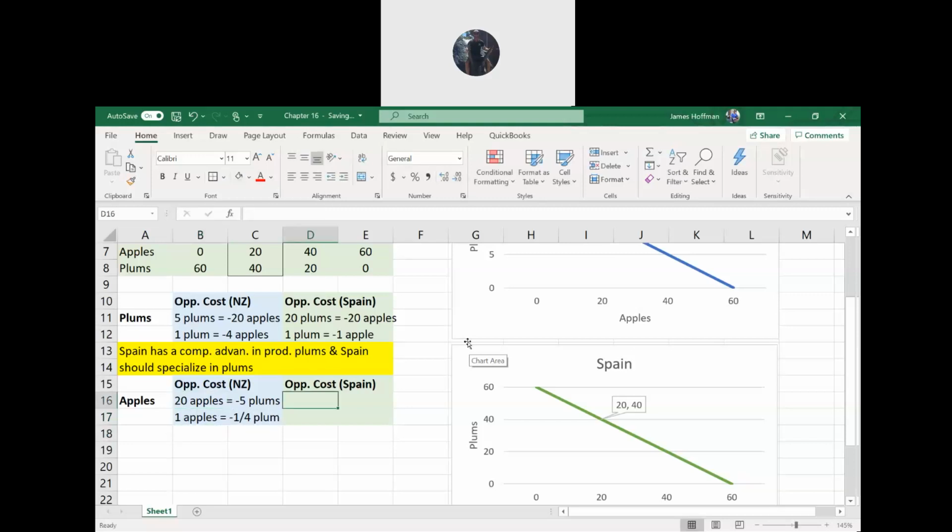And we know that for Spain it's 1 for 1, so plus 20 apples equals minus 20 plums. Then divide by 20, and 1 apple is the same as losing a plum.